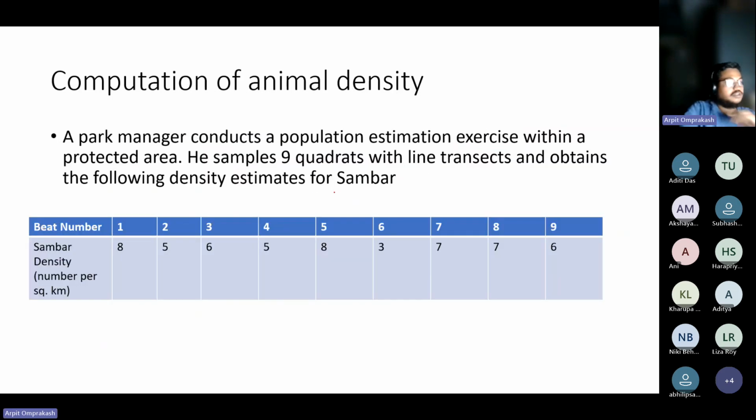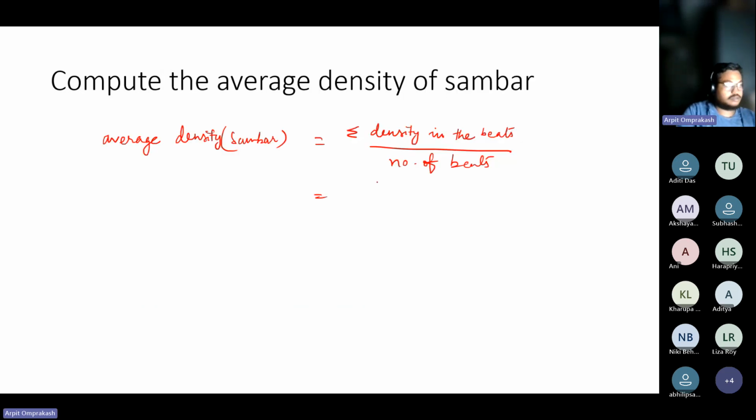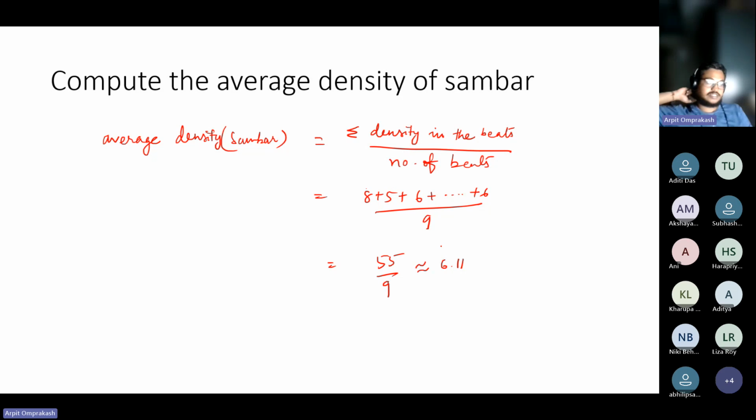In our case, it will be 8 plus 5 plus 6 plus dot dot dot till plus 6, divided by 9 beats. The total here would come out to be around 55 divided by 9, which is almost equal to 6.1. So that is the average density of sambar in that area, across all 9 beats.